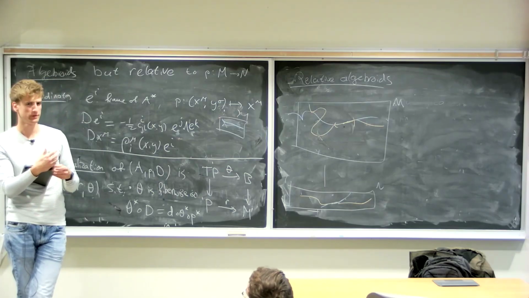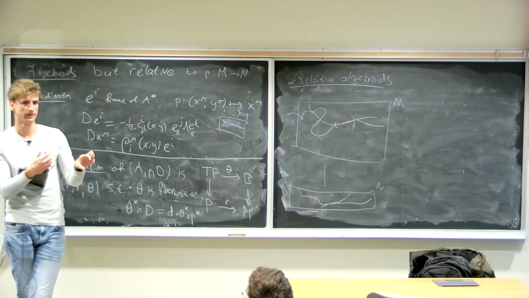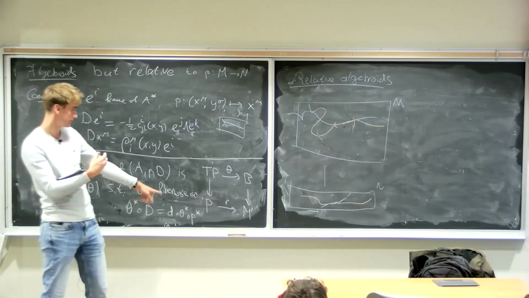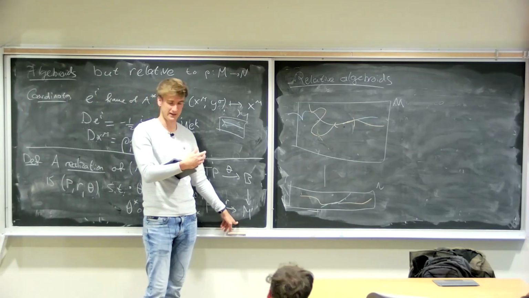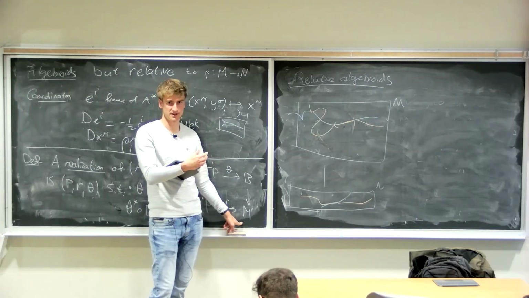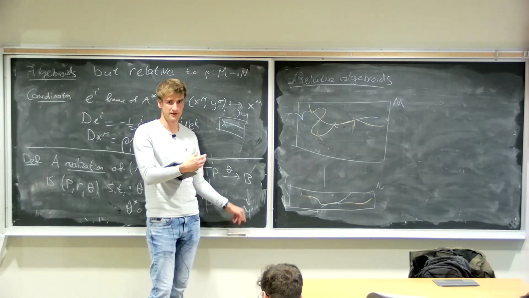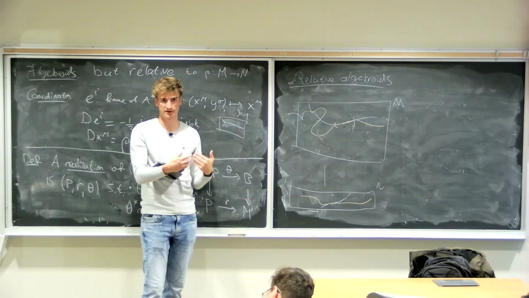Technically, no, but everything will live in the image of your map. If you talk about realizations, everything will live in the image because realization goes through M. So if you're viewing relative algebroids from the perspective of realizations, everything outside of the image of P does not matter.